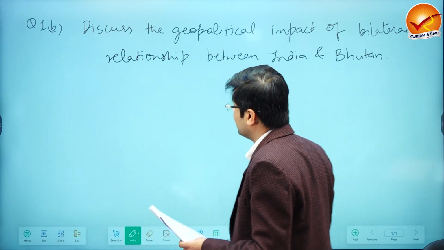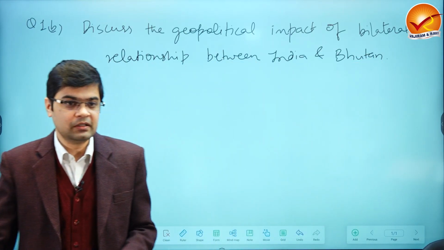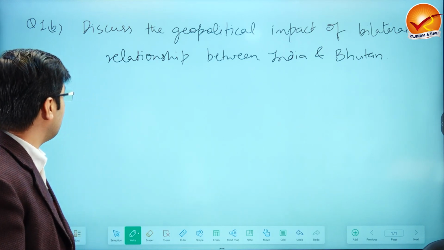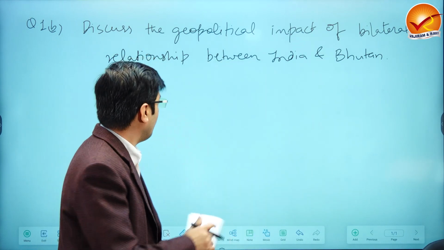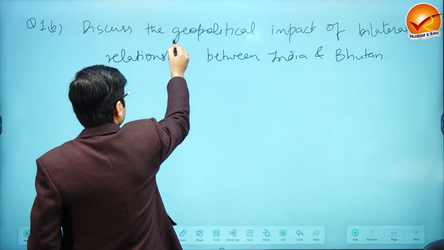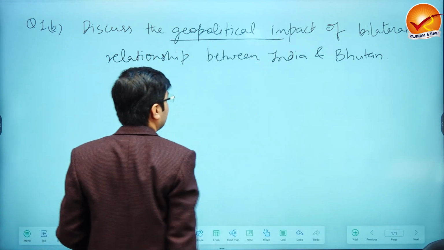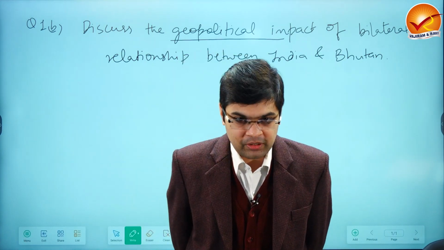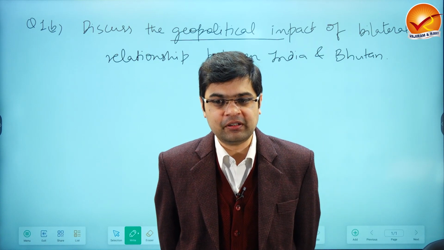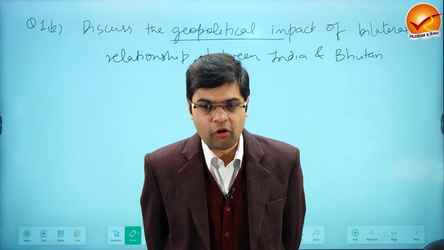Question 1B, discuss the geopolitical impact of bilateral relationship between India and Bhutan. What are the keywords here? Geopolitical impact. Now, what is geopolitics, you people know? The politics and the economy which are affected by the geography of a region.